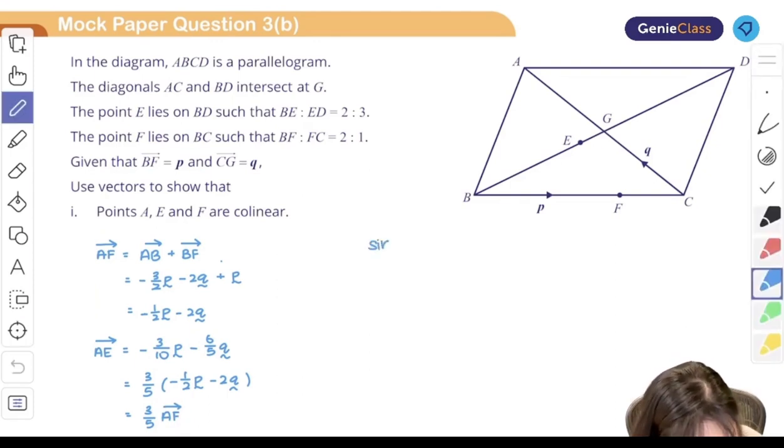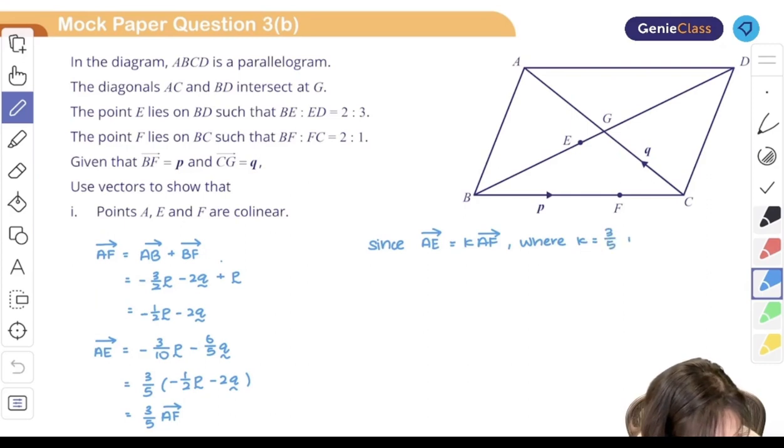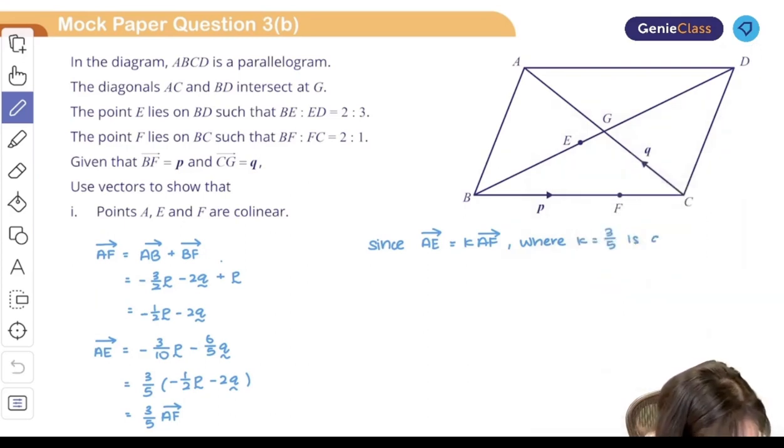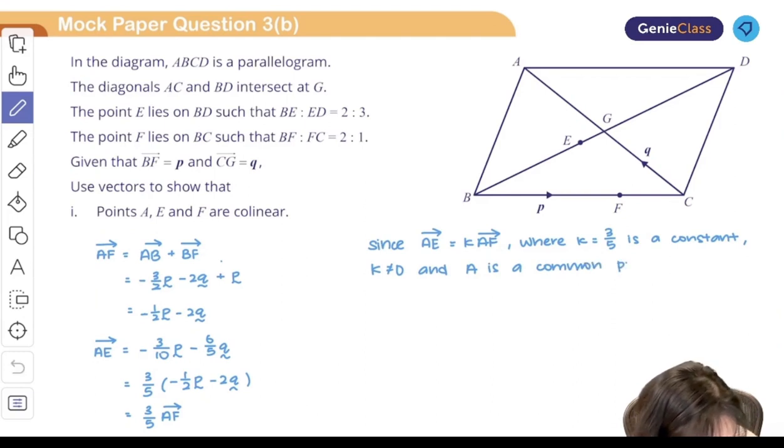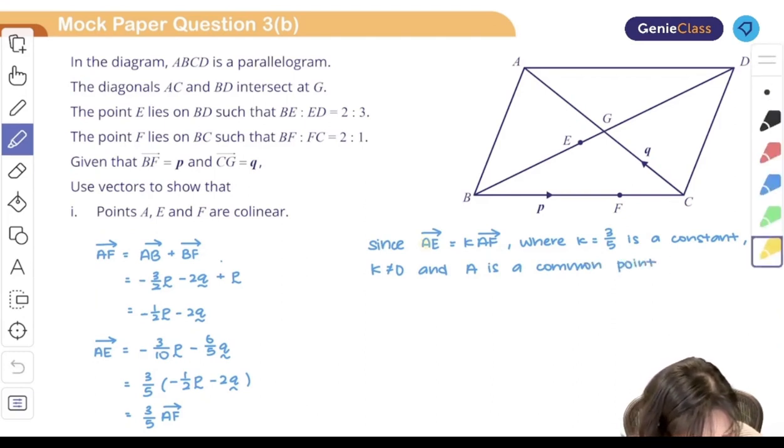So remember my statement, how do I conclude? Since AE equals KAF, where K equals 3 over 5 is a constant and K not equal to 0, and A is a common point, since A is present in both vectors.